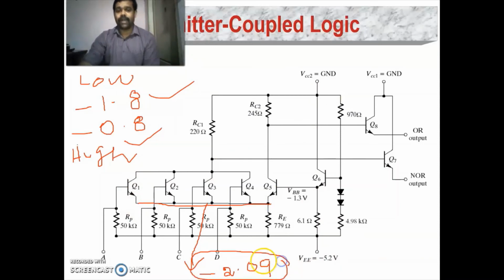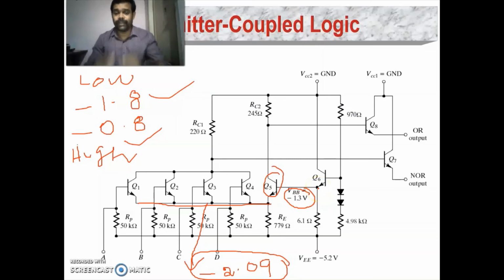You should remember. Similarly, at the base of transistor Q5, the voltage you are having is minus 1.3. So due to this biasing and compensated circuit, the voltage at the emitters of Q1, Q2, Q3 and Q4 is minus 2.09, and the base of transistor Q5 is at minus 1.3 volt.